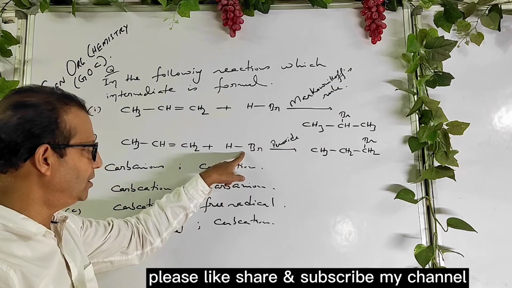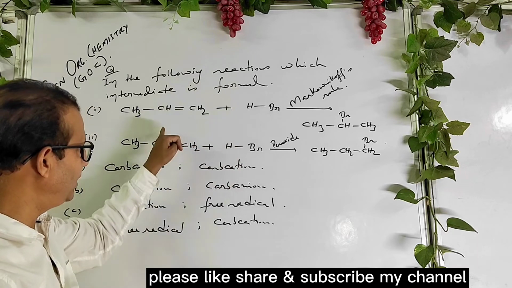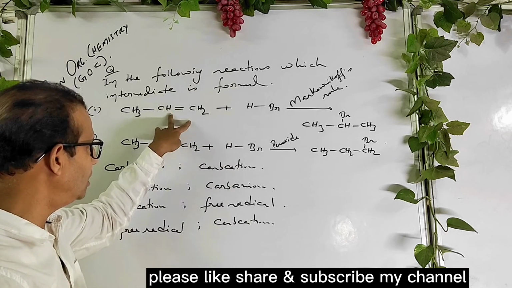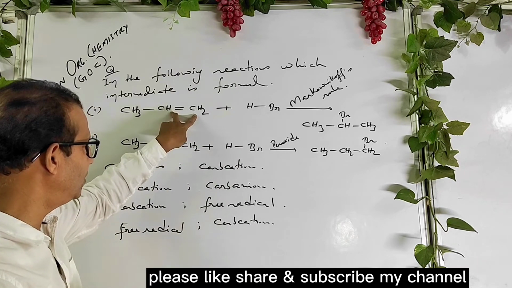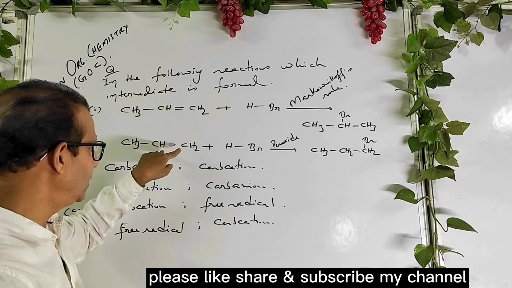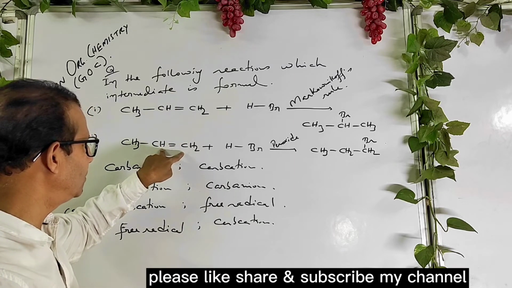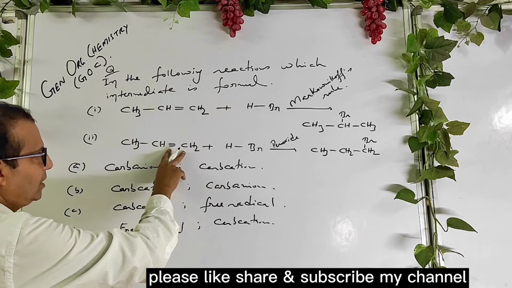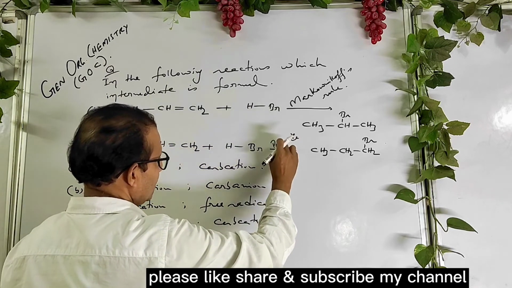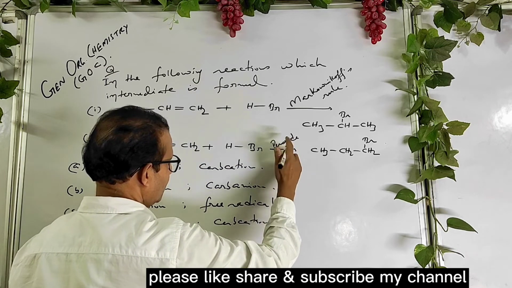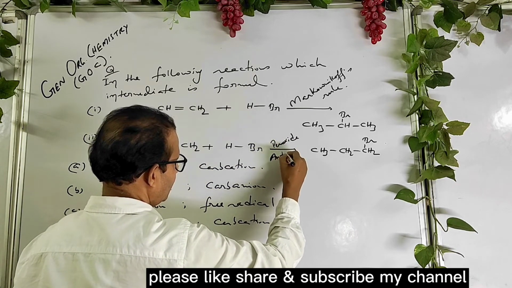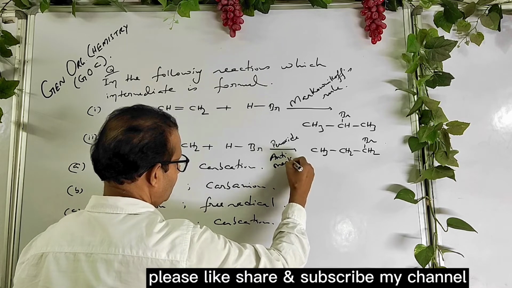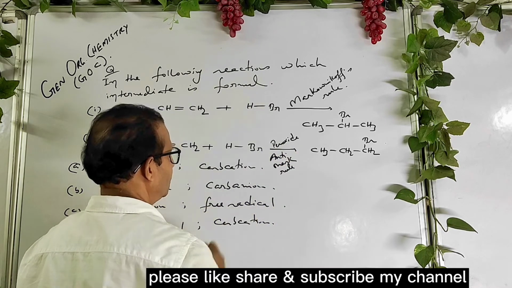In case of addition reaction of unsymmetrical alkene, because the double bonded carbons contain different numbers of hydrogen atoms, if peroxide is given, then the anti-Markovnikov rule is followed.